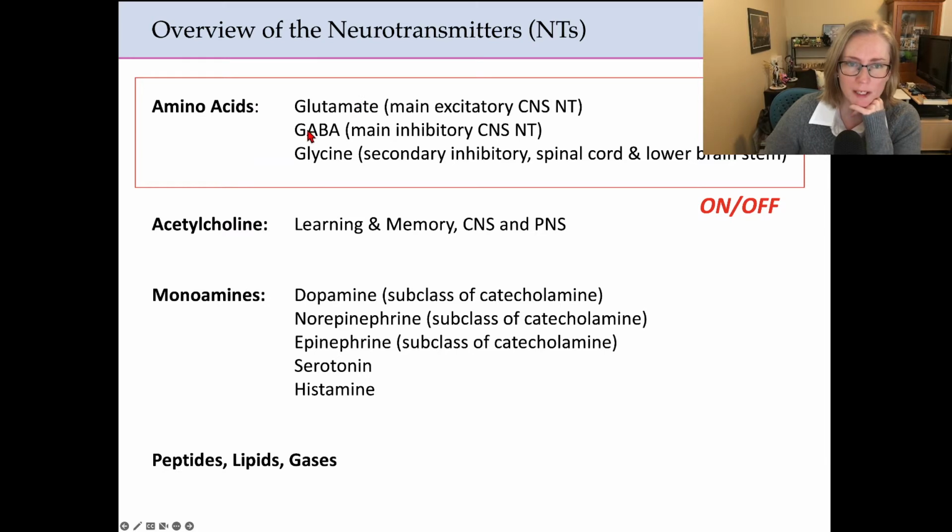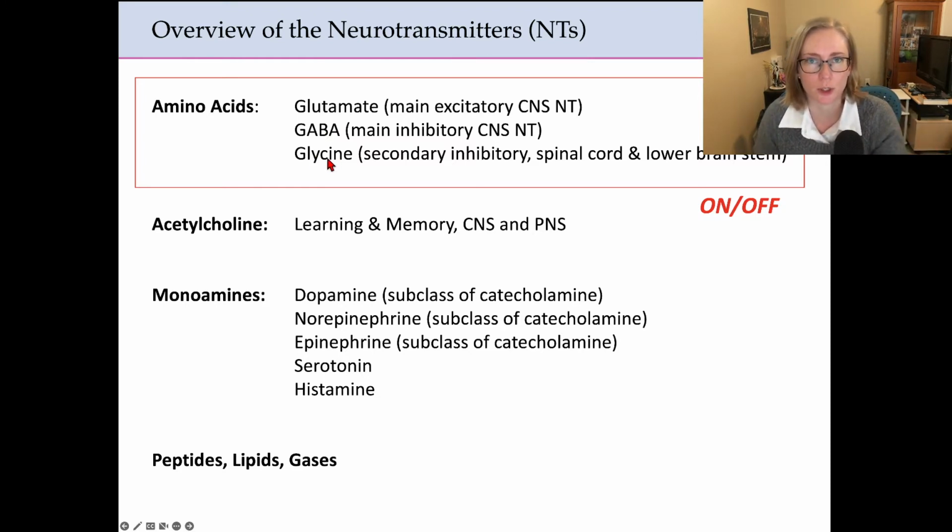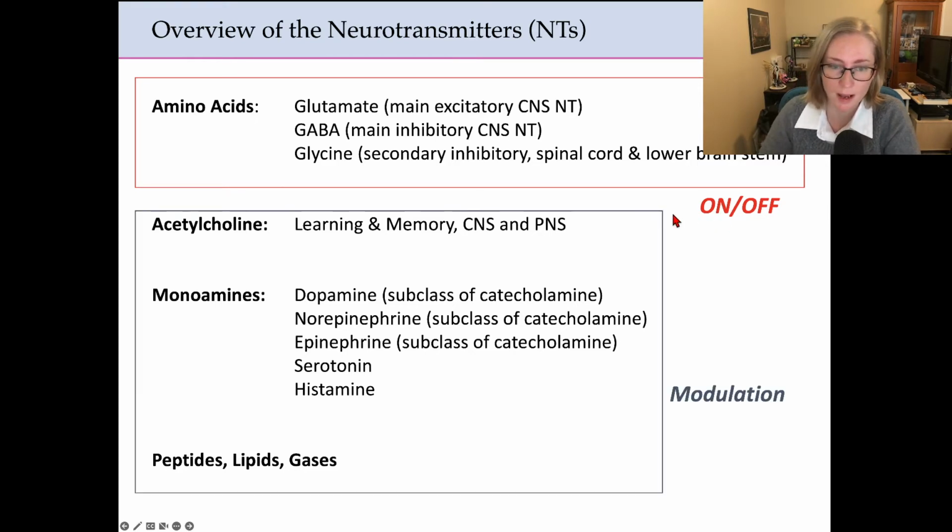So glutamate and GABA are our main excitatory and main inhibitory neurotransmitters, as well as glycine, which is a secondary inhibitory neurotransmitter, more important for the peripheral nervous system, so spinal cord and lower brain stem. So these are all amino acids, and these are going to be your main activating or inhibiting neurotransmitters.